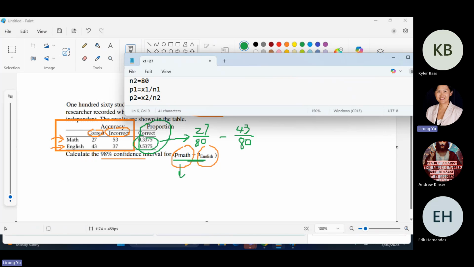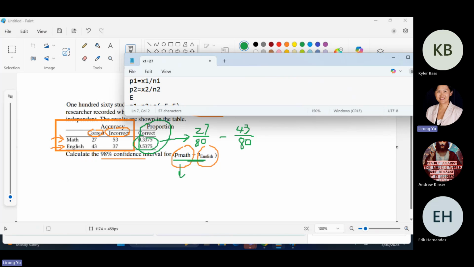Are you okay so far? I'm calculating the confidence interval manually. What are the calculations? It's going to be P1 minus P2. That is the point estimate. And we should be subtracting the margin of error and adding the margin of error. That will give you the confidence interval. But we also should calculate the margin of error.